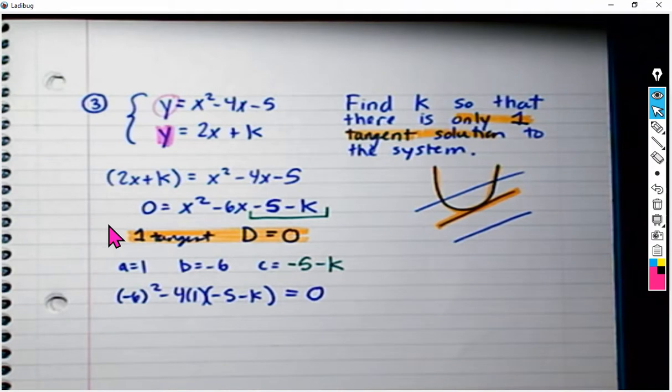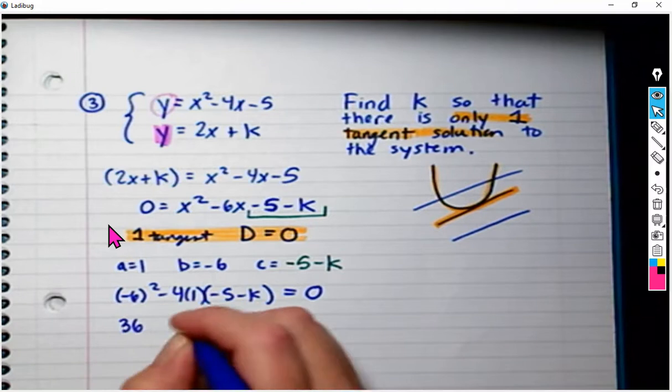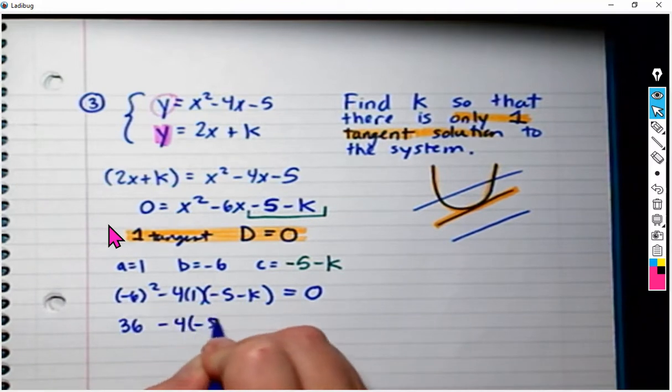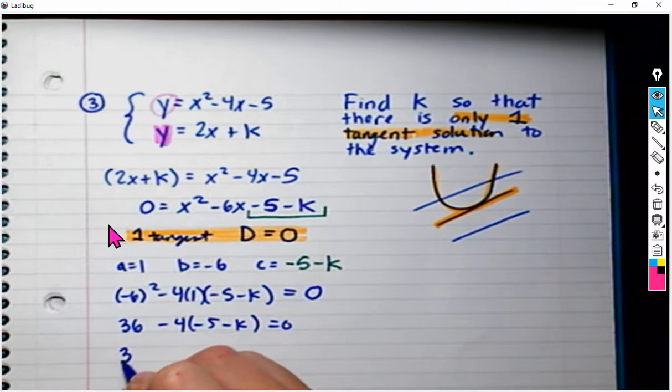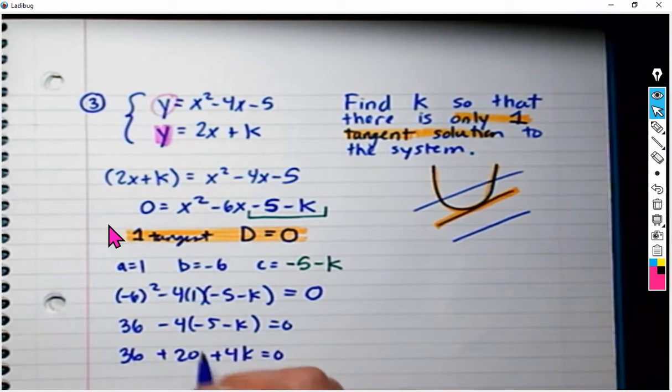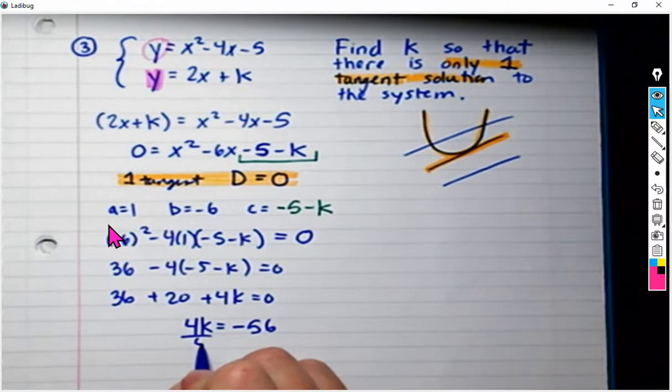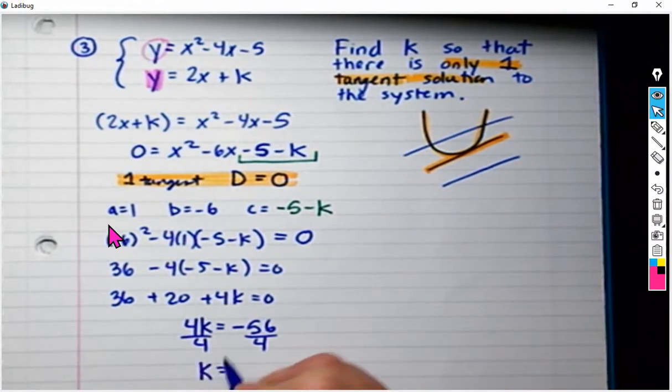That's what you end up solving. 4k equals 56 minus 14. What?